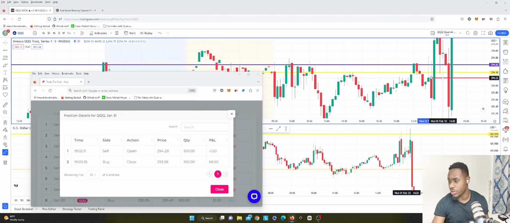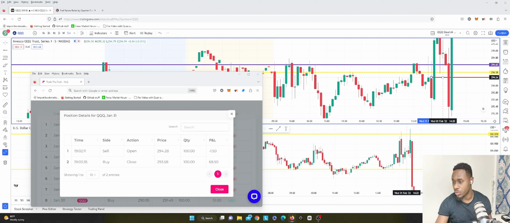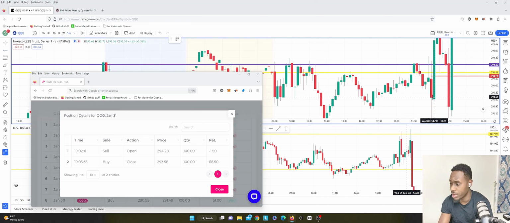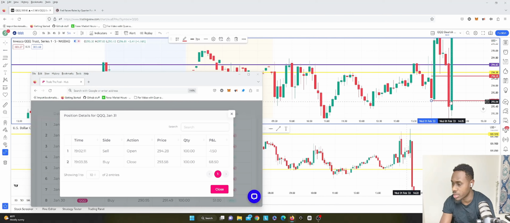So the previous position was a loss, and this position was a win, even though they're both in the same direction, just different timing. So I closed this trade at 29358. I guess I saw it push down and just decided, let me get some.